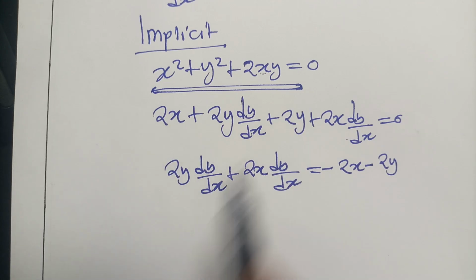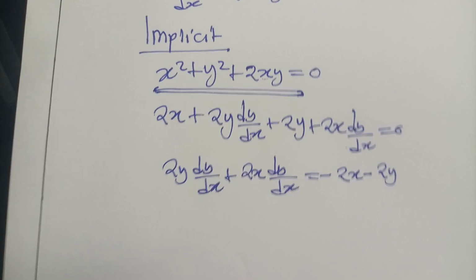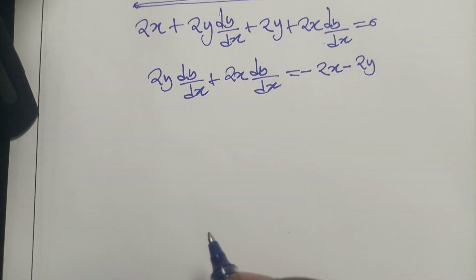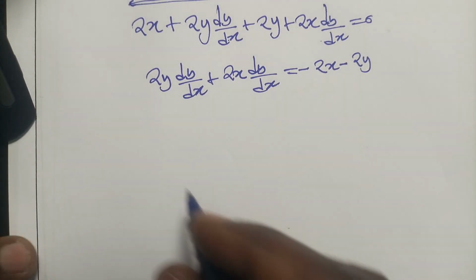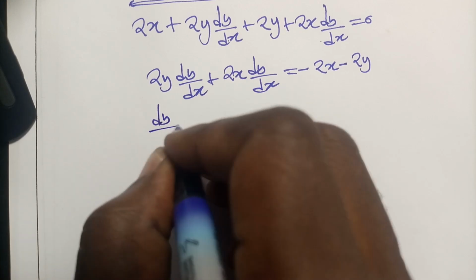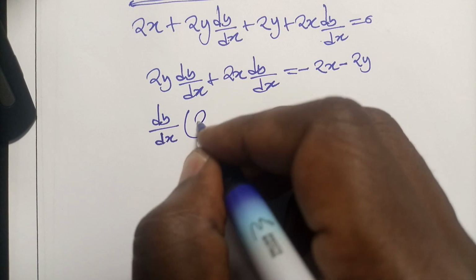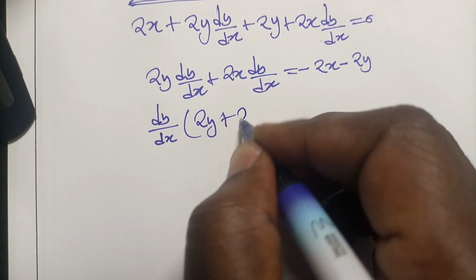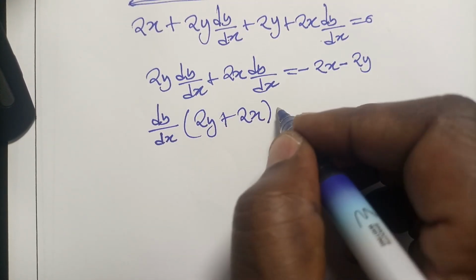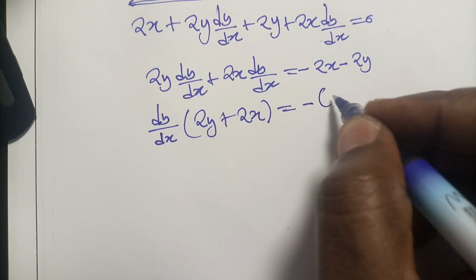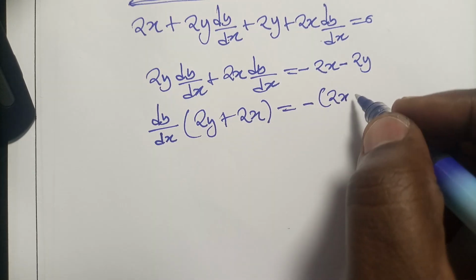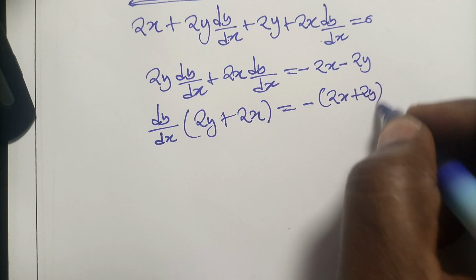Then you factorize your dy/dx there. Here we remain with 2y plus 2x being equal to, I can just factorize my negative 1 here, 2x plus 2y.